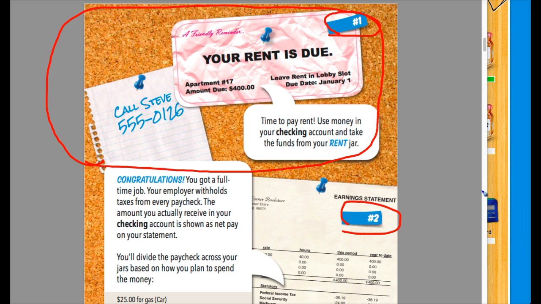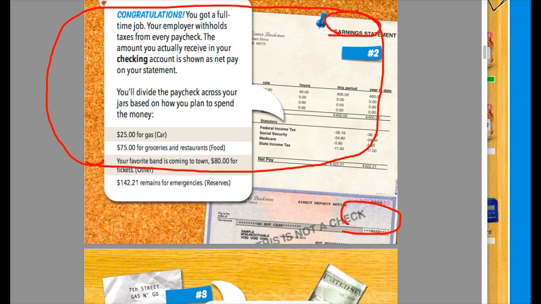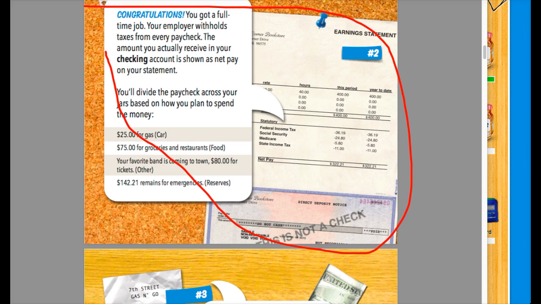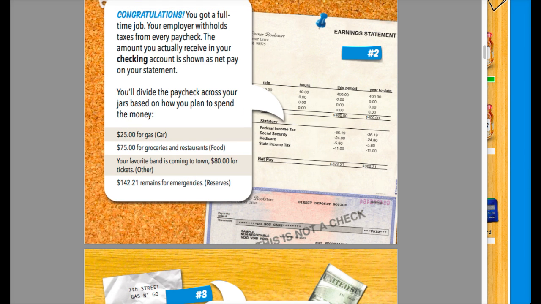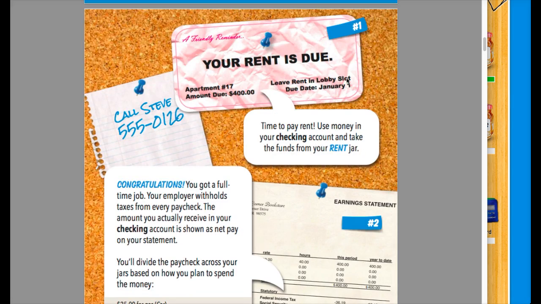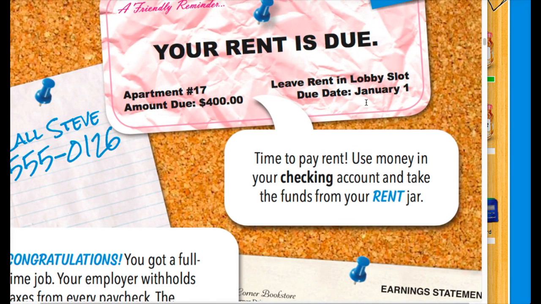Down below, this information is all for scenario 2. Okay, so just so you can figure out the navigation of the workbook, we're going to focus on scenario 1 to start.